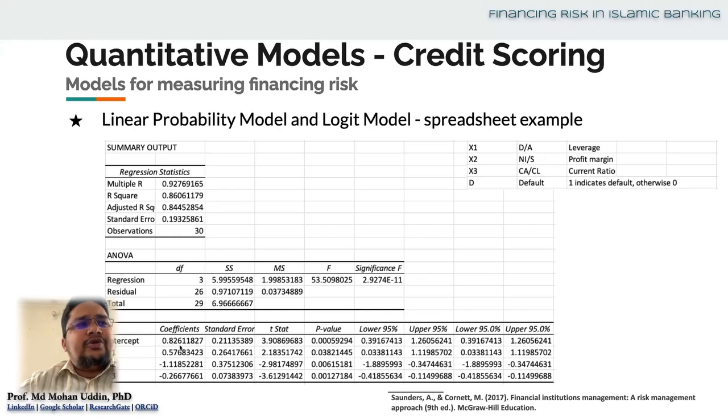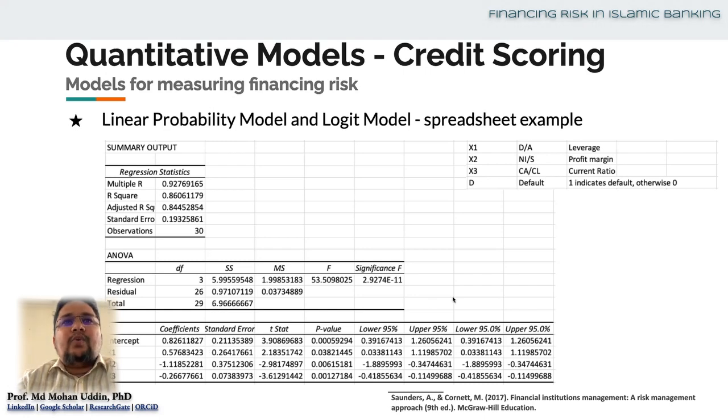So the intercept is also important, because it is significant. You can see the p-value is 0.00005, less than 0.05. So you also have to put the intercept in the equation. This is how we can find out the beta values, beta 1, beta 2, beta 3, and so on.